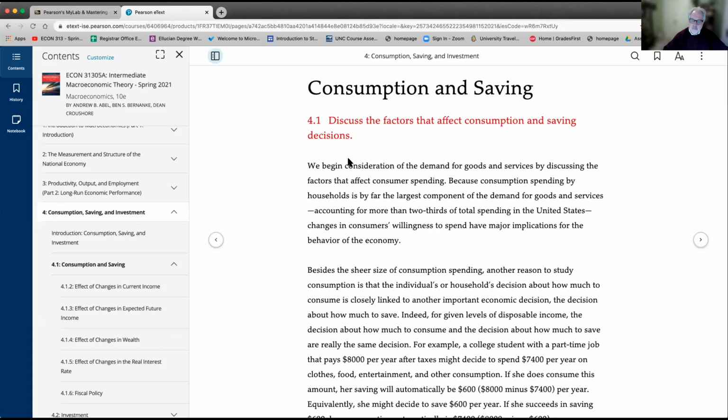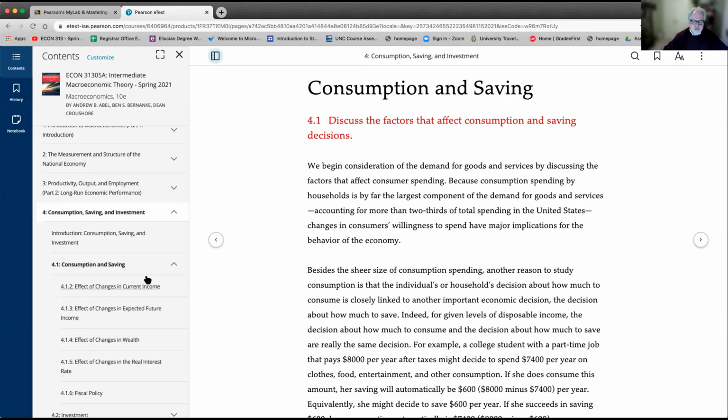So the first section, right, has to do with what determines the level of consumption and saving. We're going to focus on saving. Consumption is just the other side of that. You can see that this opens up, and there are subsections within each one of these sections, right? And so we want to say, what happens when income changes?